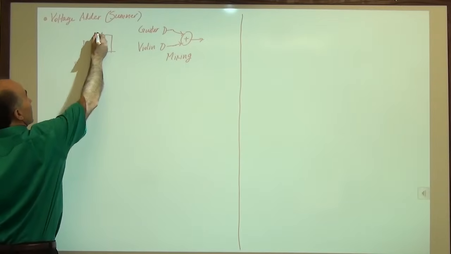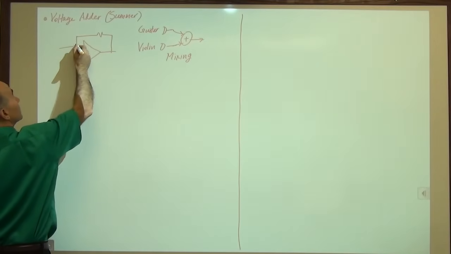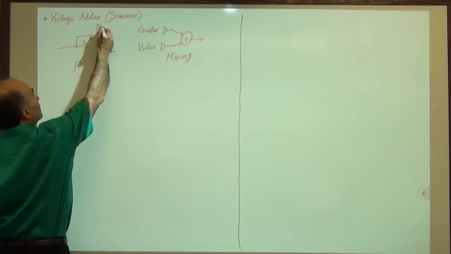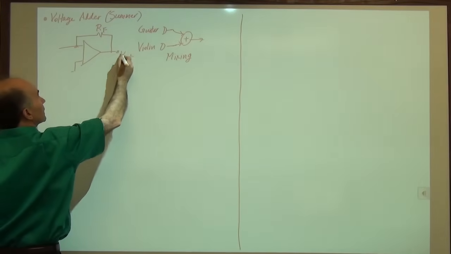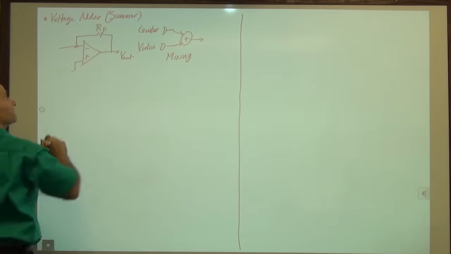So here's the inverting amplifier topology with RF, Vout, negative, positive.